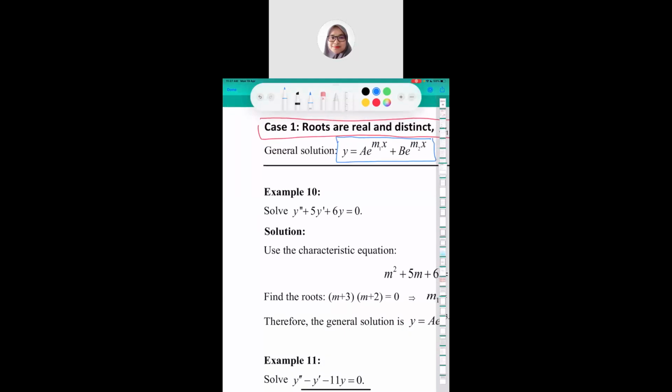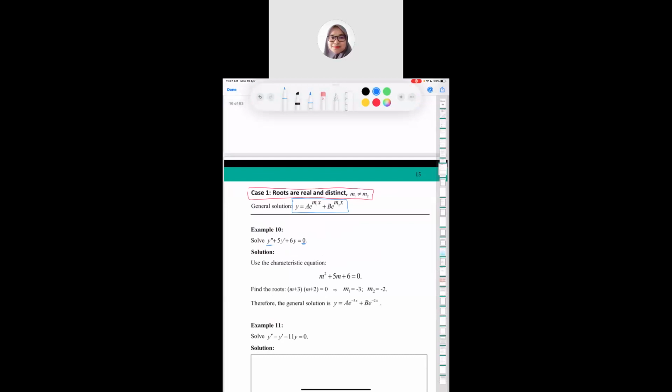Kita tengok, equation adalah second order. So tengok homogeneous ke non-homogeneous. So you have homogeneous equation, so we use the characteristic equation.